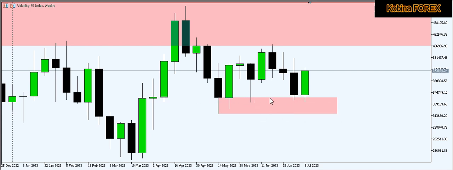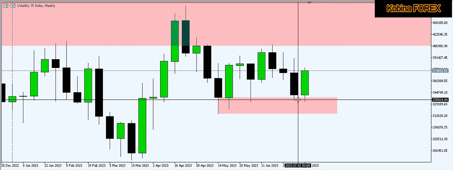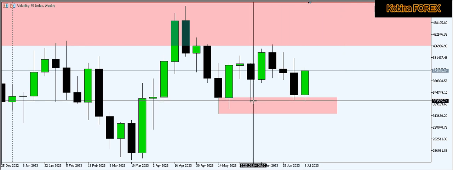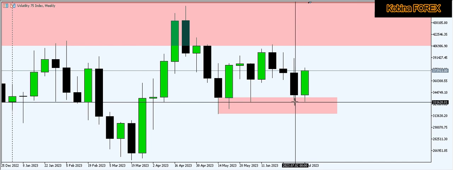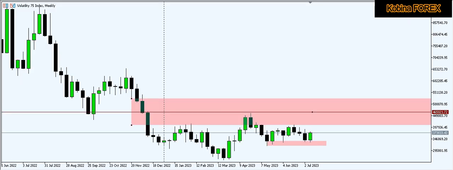Price traded slightly into the rejection area, and then you can see price rallying back up. Price came down but couldn't sweep below this low. All it did was sweep the liquidity resting below this price point, and then it rallied up, but not below this price point. Nicely, on the weekly time frame, this is what we are seeing: price coming into the rejection area, being rejected, and moving up into the sky.